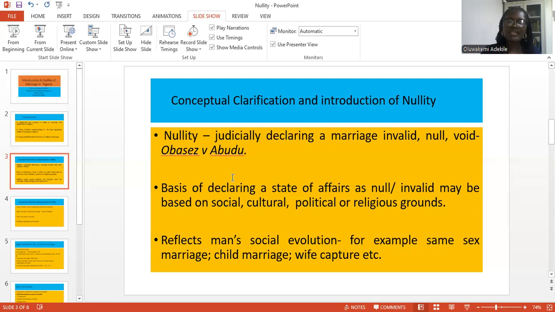And one of the things I must say regarding the law of nullity, especially the one we imported regarding statutory marriage, is that it has a lot of ties with the fact that under English law, marriage was initially indissoluble. It was regarded as a sacred covenant that could not be dissolved.